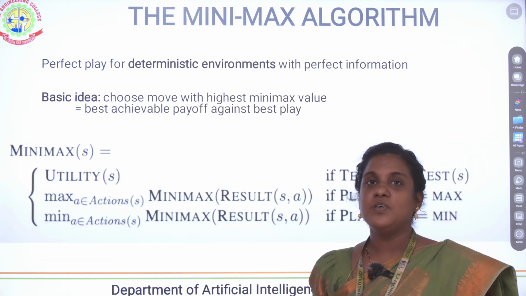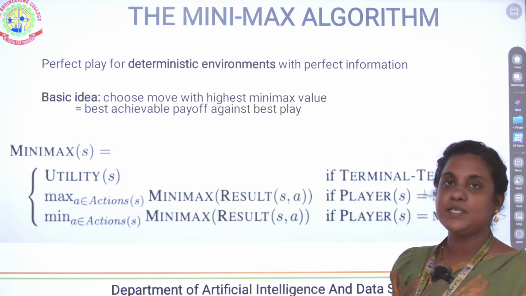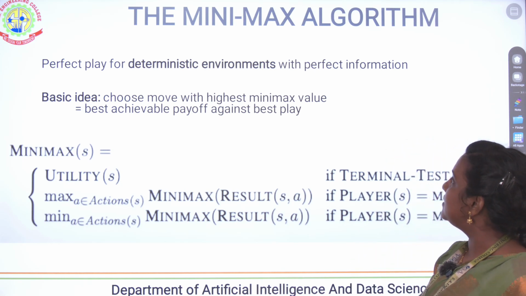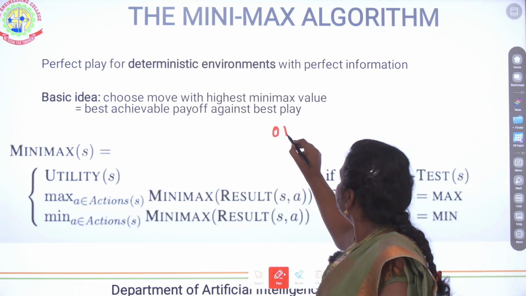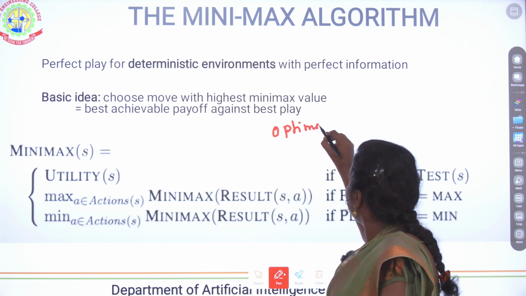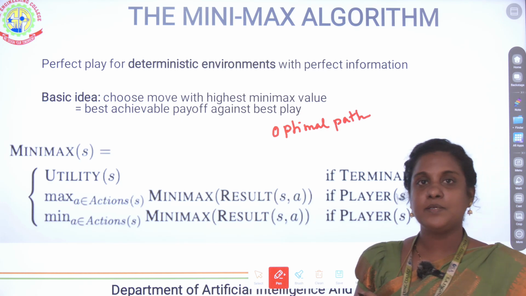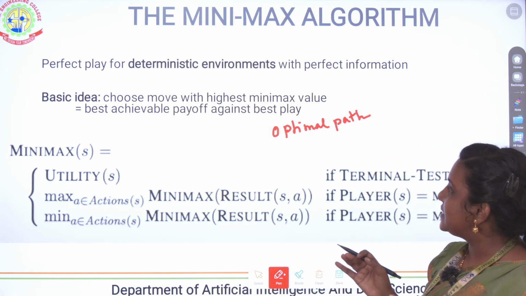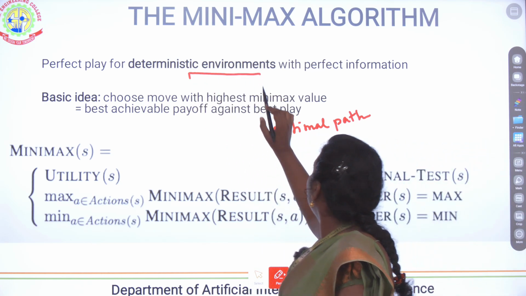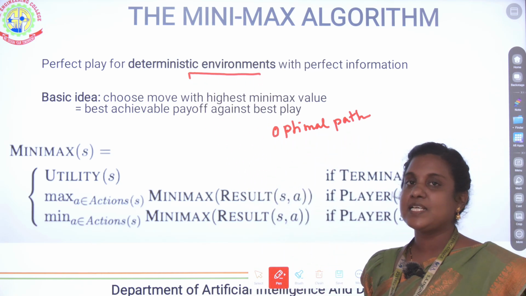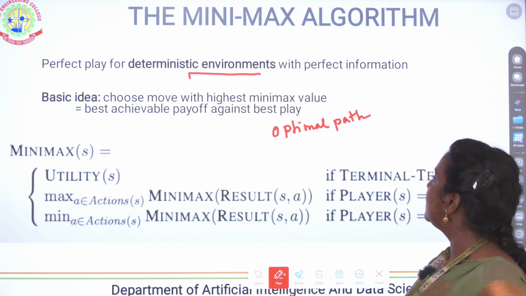Okay, now we will see the adversarial search algorithm, which is called the MINIMAX algorithm. This MINIMAX algorithm provides an optimal or efficient path for the given two-player game tree problem. It is a perfect play for a deterministic environment with perfect information. The basic idea is you have to choose the move with the highest minimax value.